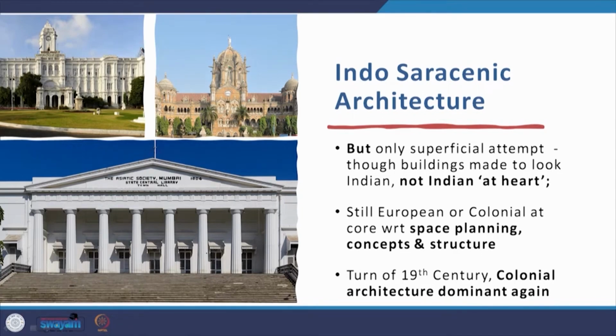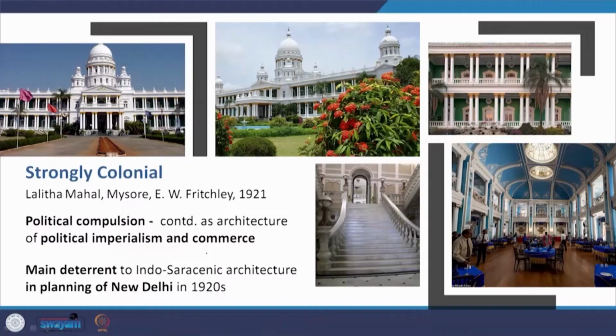They were still European or colonial at the core with regard to space planning, concept and structure. And by the end of the 19th century in fact, colonial architecture was dominant again. And we see this example of the Lalita Mahal, which was built in 1921, which was very strongly colonial.